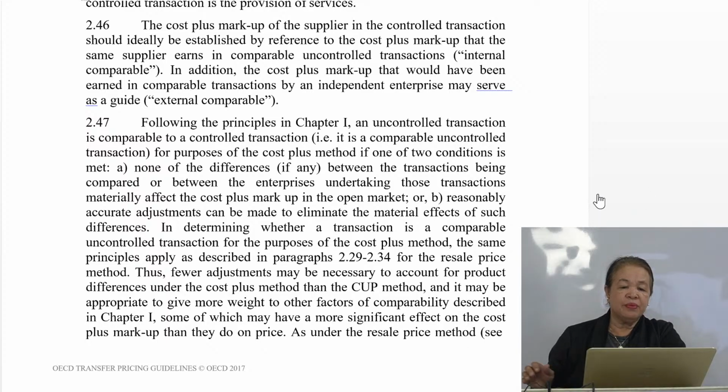A, none of the differences, if any, between the transactions being compared, kaya masabi mo na comparable sila, or between the enterprises undertaking those transactions materially affect the cost plus markup in the open market. Or letter B, reasonably accurate adjustments can be made to eliminate the material effects of such differences.